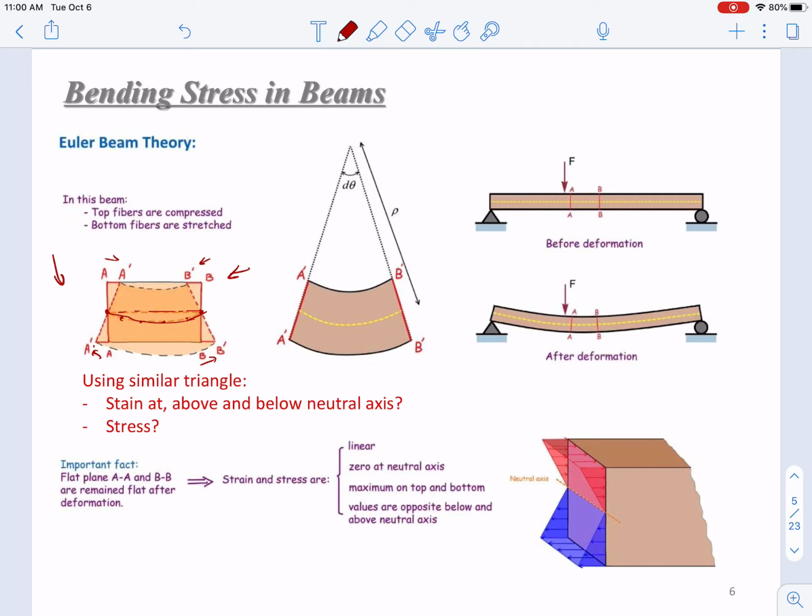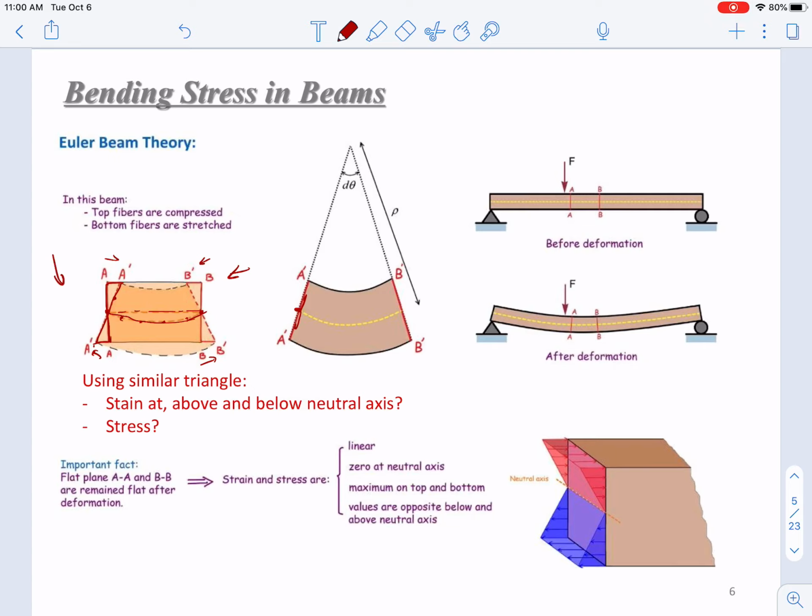As we also mentioned, at another random point as shown here, as you move from the neutral axis towards the top or towards the bottom, the stress and strain are linearly proportional to the distance to the neutral axis, because of these similar triangles.